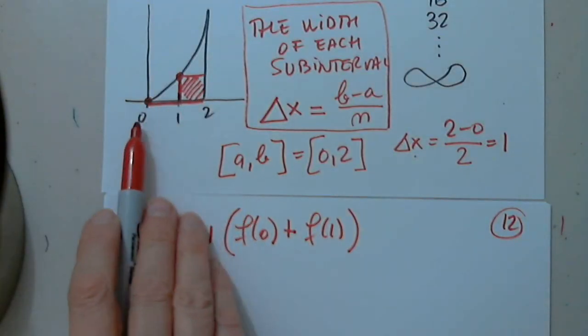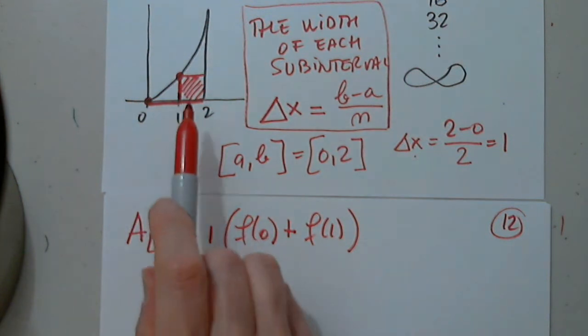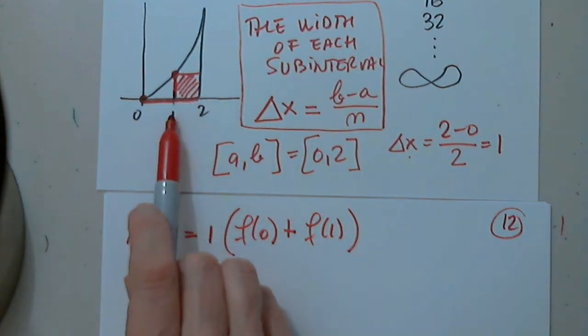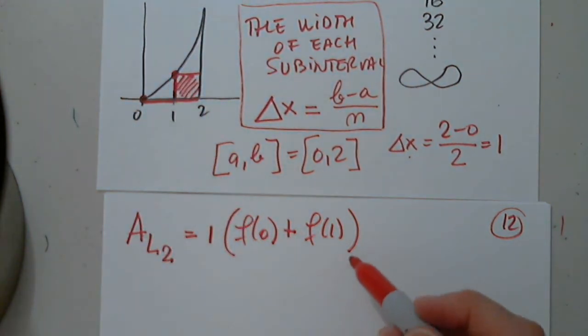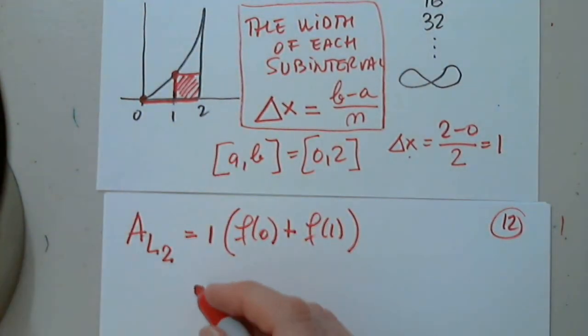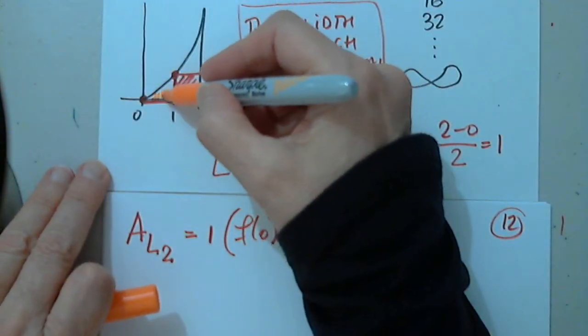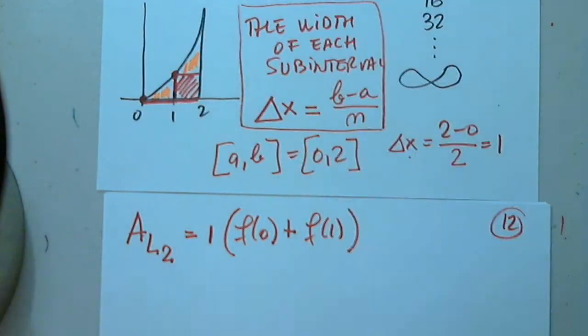Base 1 times f of 0 plus base times f of 1. Do you think that this number will be an overestimated or an underestimated area? Under? Grossly. Absolutely. Look, I'm missing all this. So this will be an underestimated area.